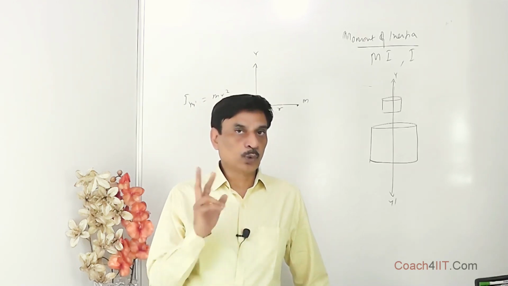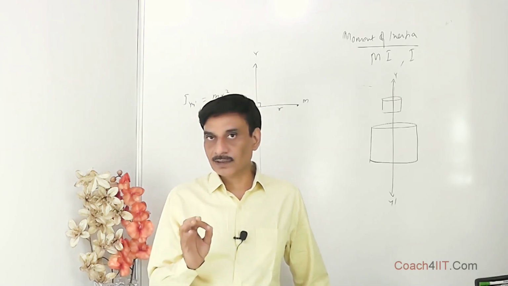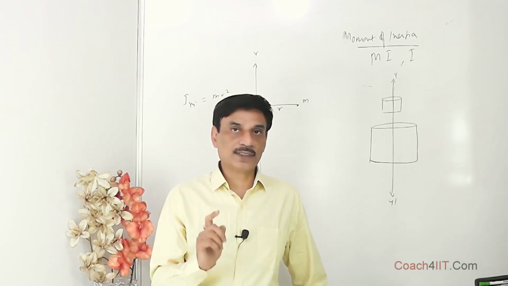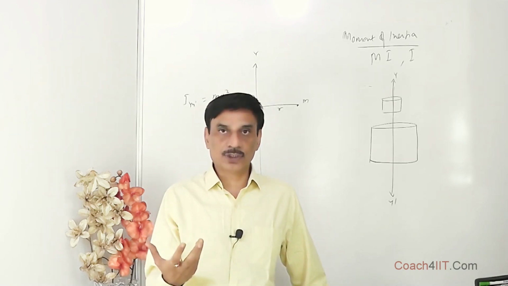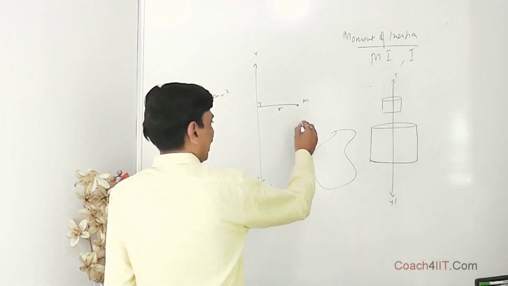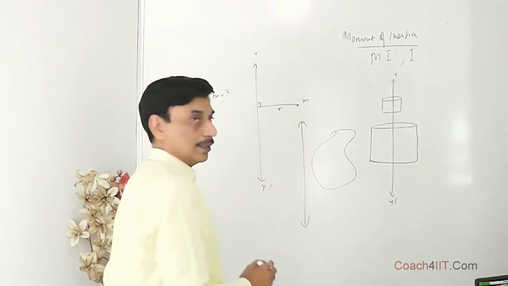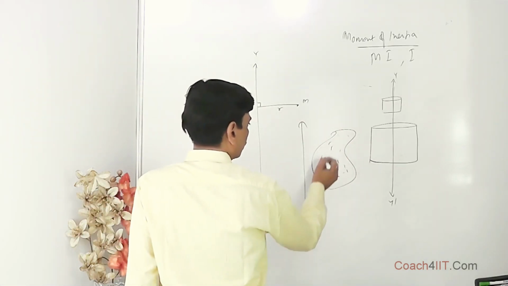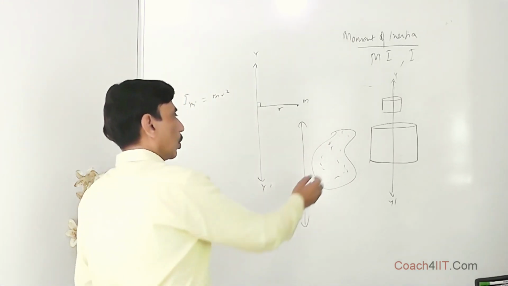Now, there could be two kinds of cases. One is a small particle, and we can find the moment of inertia of this particle about an axis. Or we can have a continuous mass distribution. Let's say we have this bigger body, this lamina, and we have to find its moment of inertia about this axis. It is composed of so many particles, so this is a continuous mass distribution.